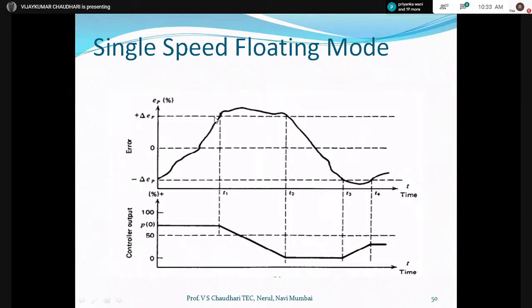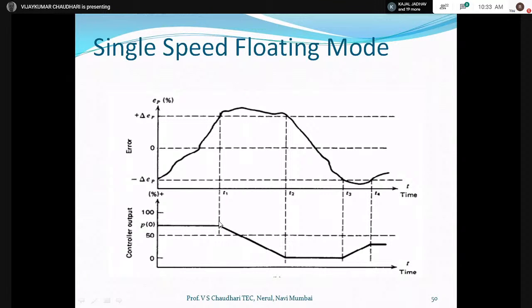Here it lies within the band and output is this. Here it again enters the band and output is this. So we can't predict the output. It takes the previous value whenever the error enters the neutral zone. That's why it is called floating.